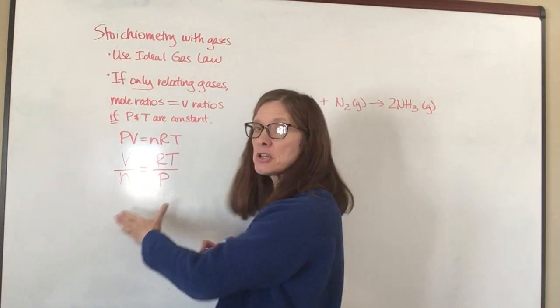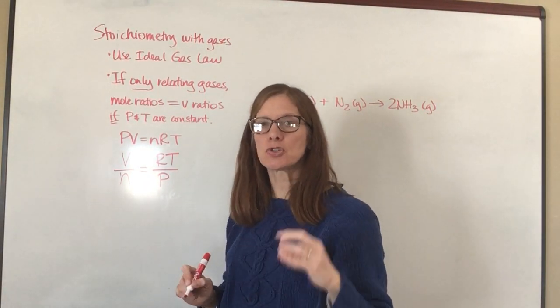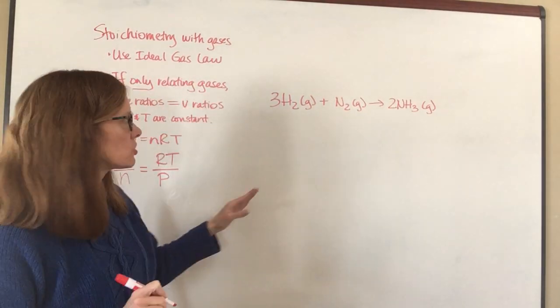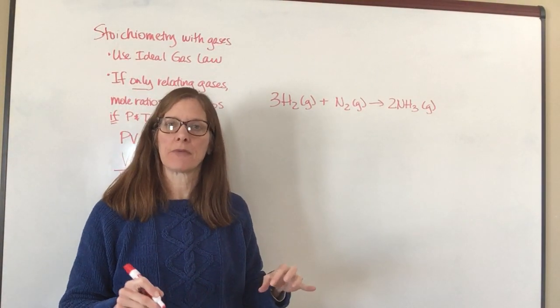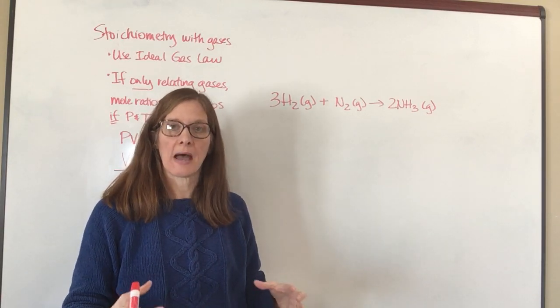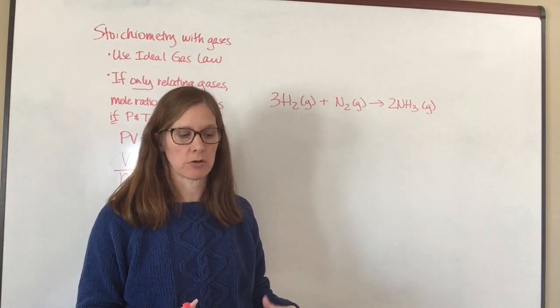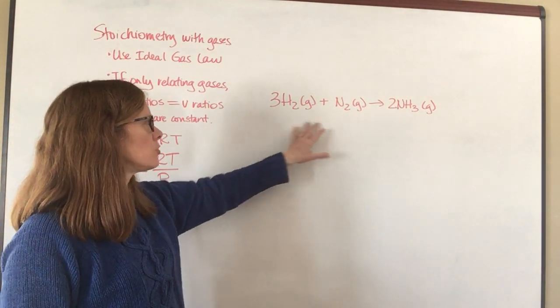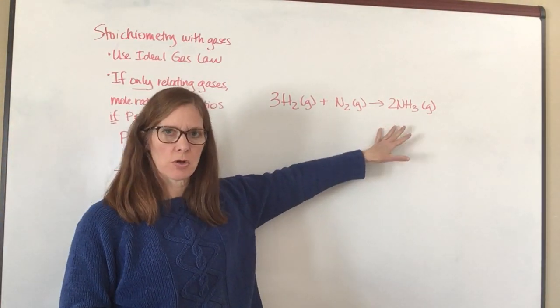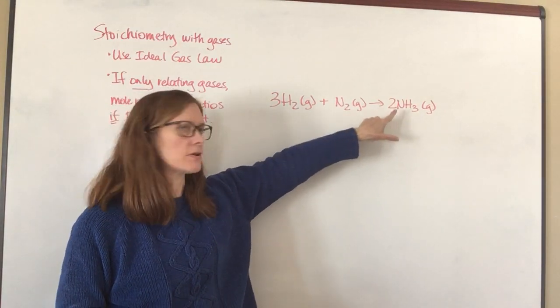And so what's really nifty about that is that I can use the stoichiometric coefficients in an equation to do the stoichiometry and not actually have to do all of the conversion back to moles, because I can go straight to number of liters. So if I have this equation, 3H2 plus N2 yields 2NH3, I'm combining hydrogen gas and nitrogen gas to make ammonia.